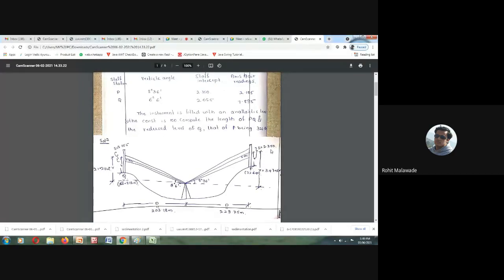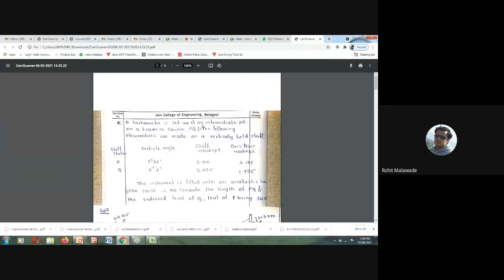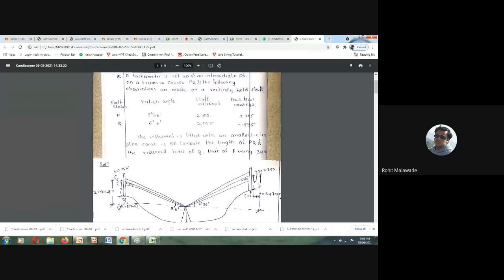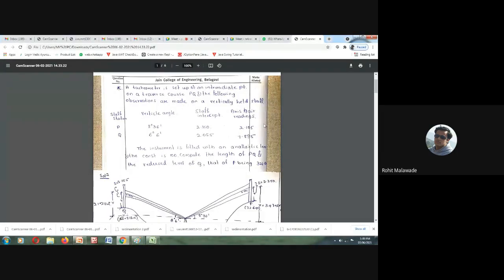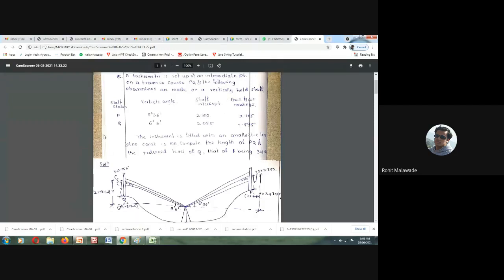So one staff was held at P and the other staff was held at Q, and the following observations are made on a vertically held staff. The staff stations are P and Q.